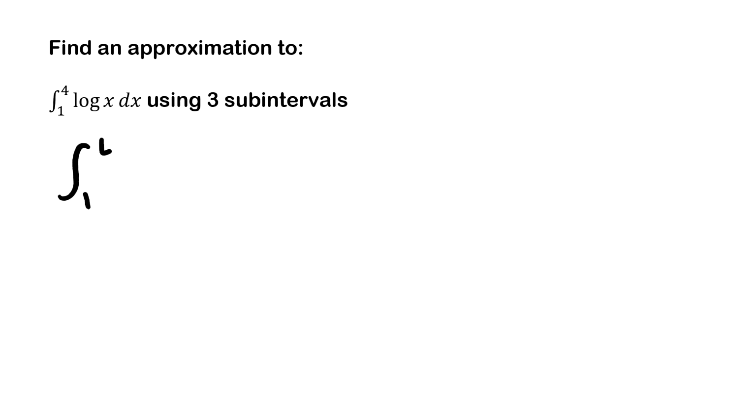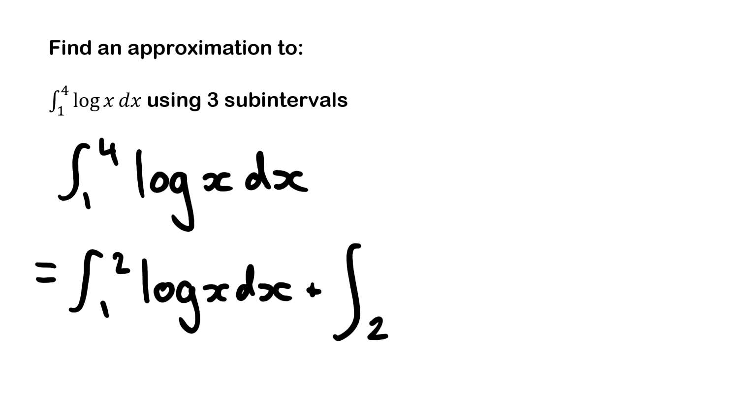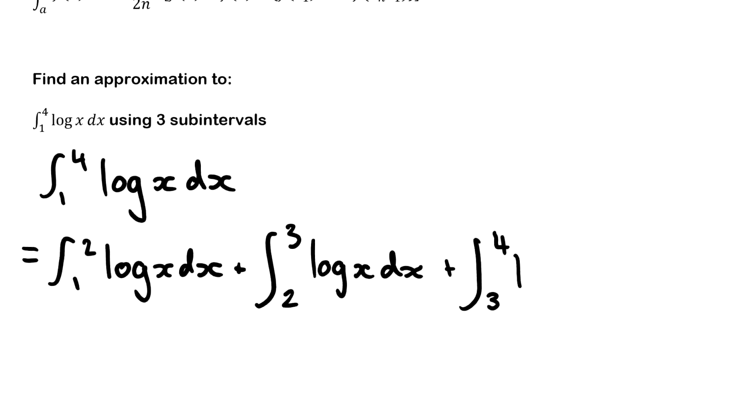So instead of having the integral from 1 to 4 of log x dx, we're going to break it up into 3 parts. So this neatly comes out as the integral from 1 to 2 of log x dx plus 2 to 3 of log x dx, and then the last one 3 to 4 of log x dx.